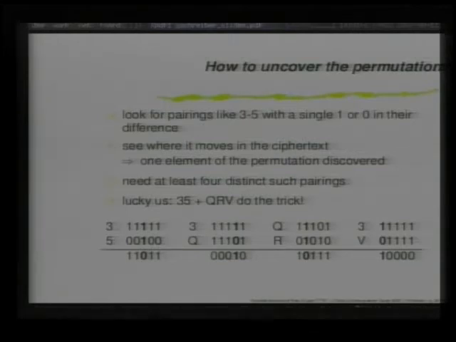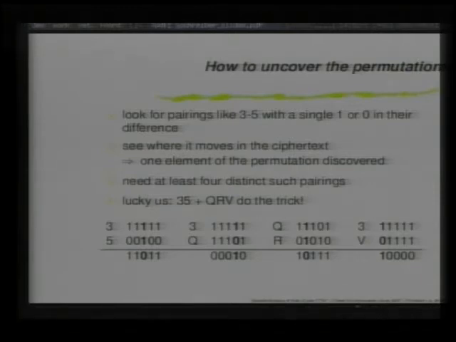Let's first try to actually find out which permutation was used in a certain column of your intercepts, and you can do that by finding these characteristic pairs of characters which have only one single 0 or single 1 in their difference.